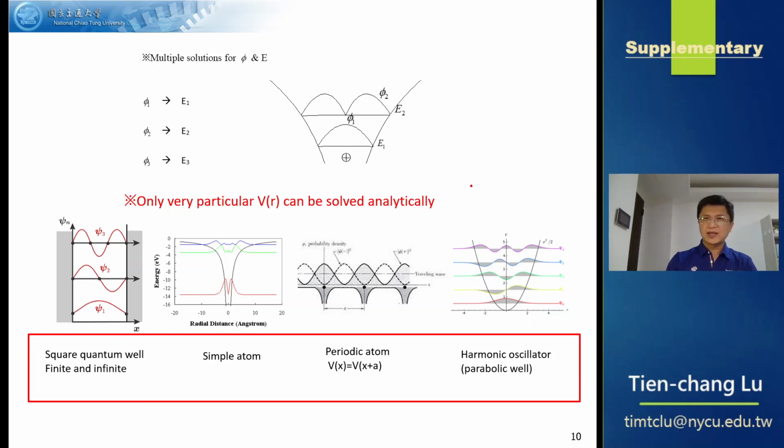So this energy is proportional to the position squared. Once the potential energy is proportional to x squared, we call it a harmonic oscillator.